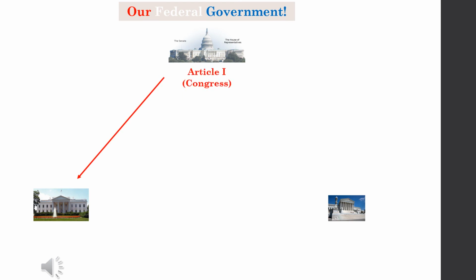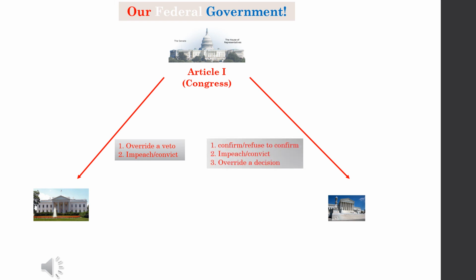They can check Article 2, the president or the executive, by overriding a veto or impeaching and convicting a president. Article 1 Congress, they can check Article 3, the courts, by confirming or refusing to confirm justices or judges, impeaching or convicting justices or judges, or overriding a decision of the courts, but they can only expand the rights of American citizens.